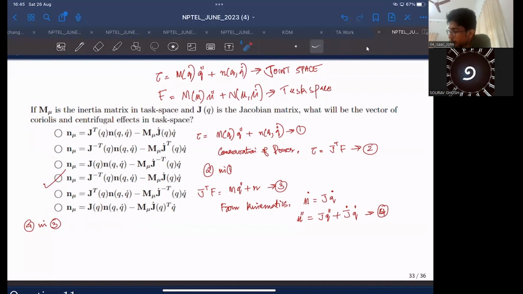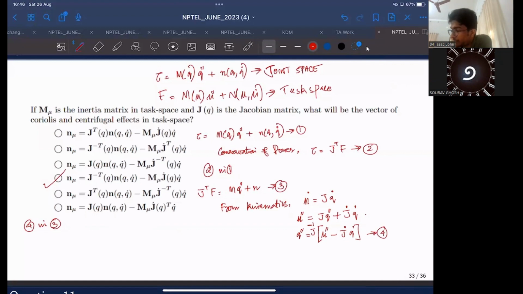So instead of this Q double dot, from this expression, what is Q double dot? I'll have to further manipulate. So Q double dot would be mu double dot minus J dot Q dot, the whole pre-multiplied by J inverse. This is equation 4.